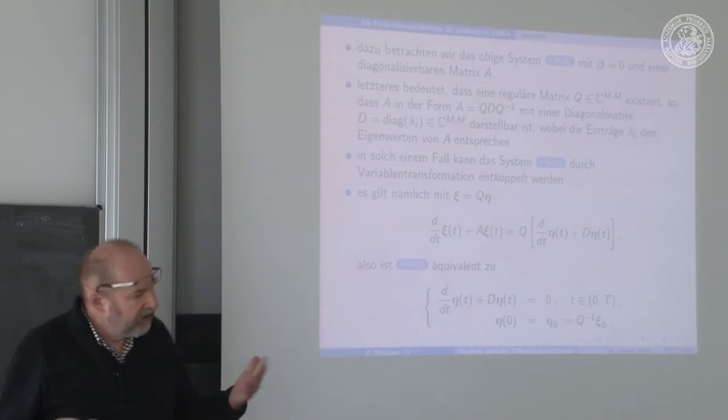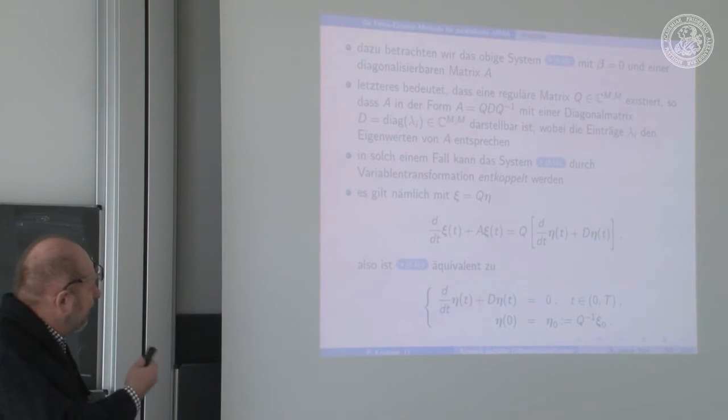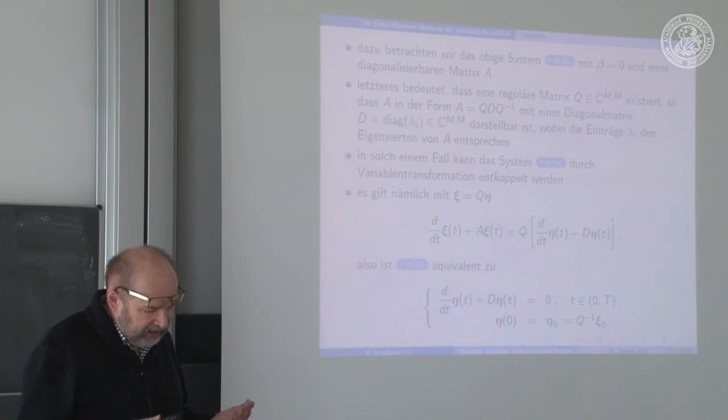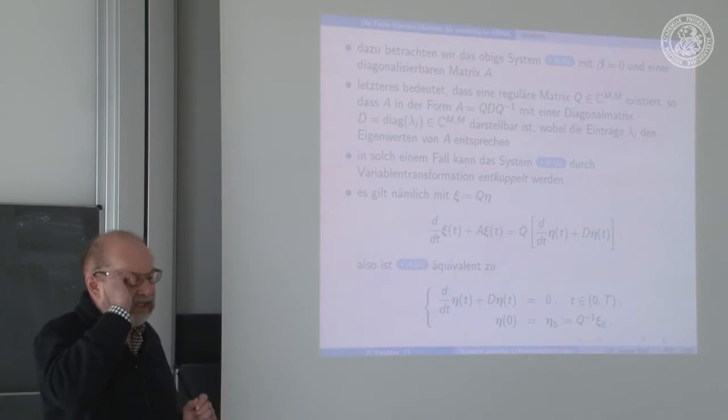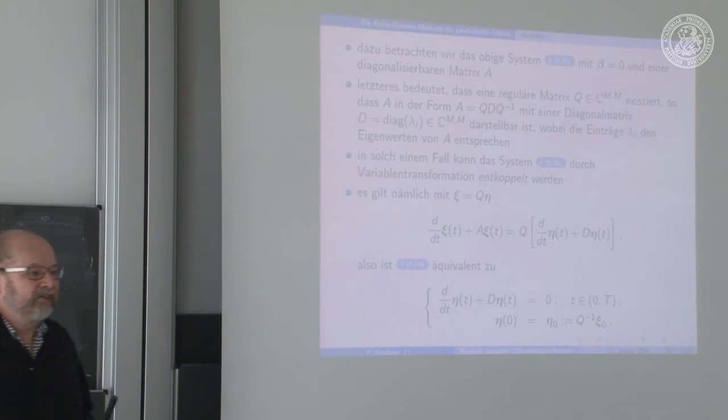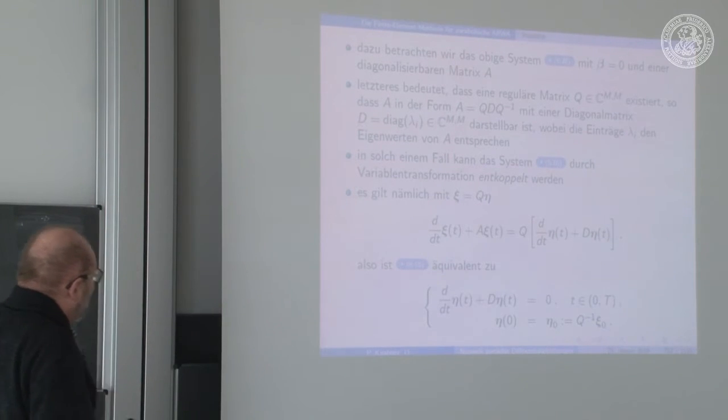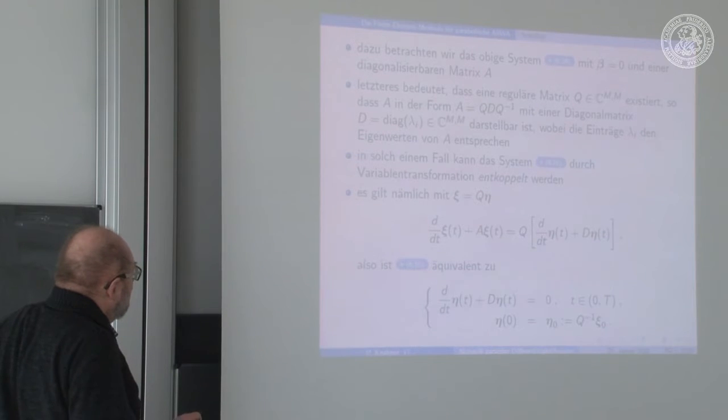And one can view the situation we are looking at in this more abstract fashion as a situation which is not so far away from the pure diffusive case. Meaning that we still have a basis of eigenvectors which forms this matrix Q. The eigenvalues form the diagonal matrix lambda.